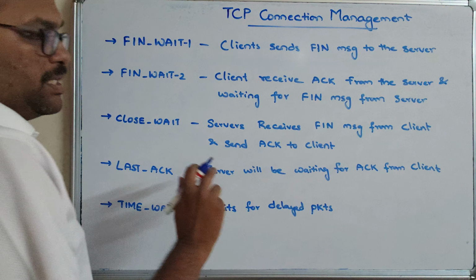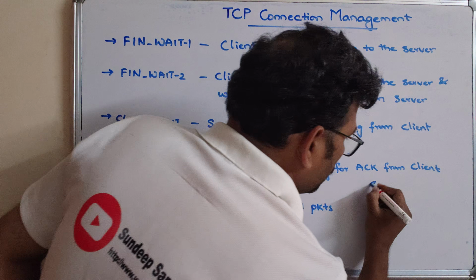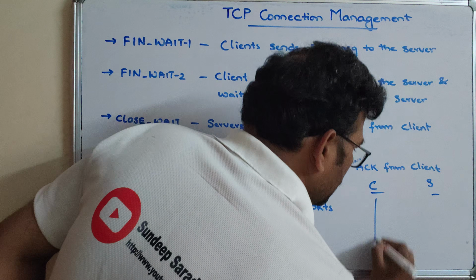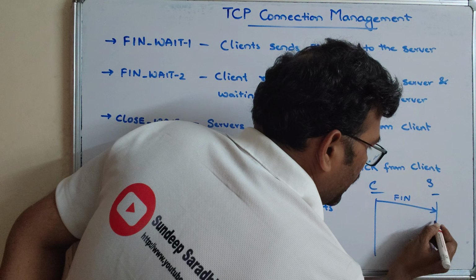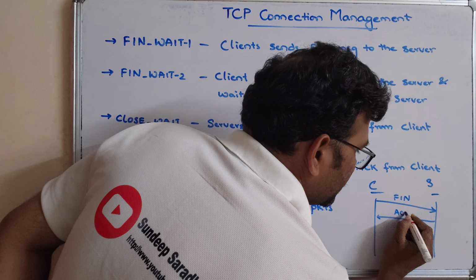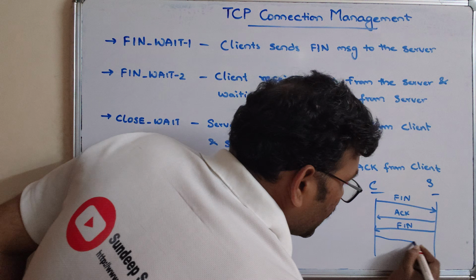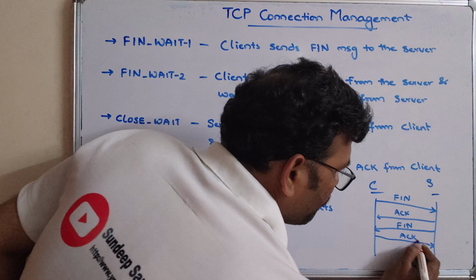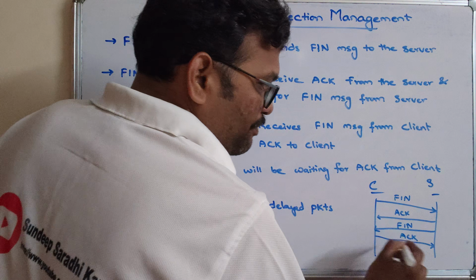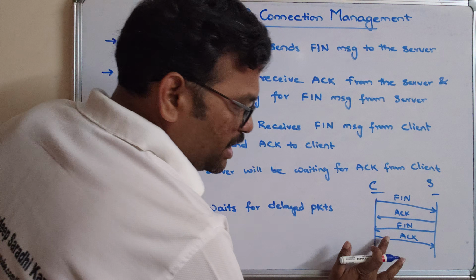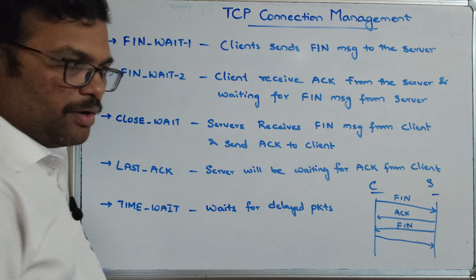For example, I'll draw the diagram so that you can understand. First the client will be sending the fin message, and the server will be sending the acknowledgement message, and again the server will be sending the finish message, and now the client should acknowledge that, and it will be waiting, because this particular acknowledgement may be lost during the transmission. Hope you understood.